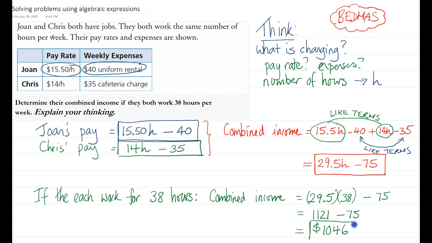This problem has units in dollars, so I should put that in the answer. So you can see, if we go back to this statement here, 29.5H minus 75, we can use that to calculate the combined income for any value of H. That's why writing algebraic expressions is more efficient than figuring it out from scratch each time the number of hours changes.